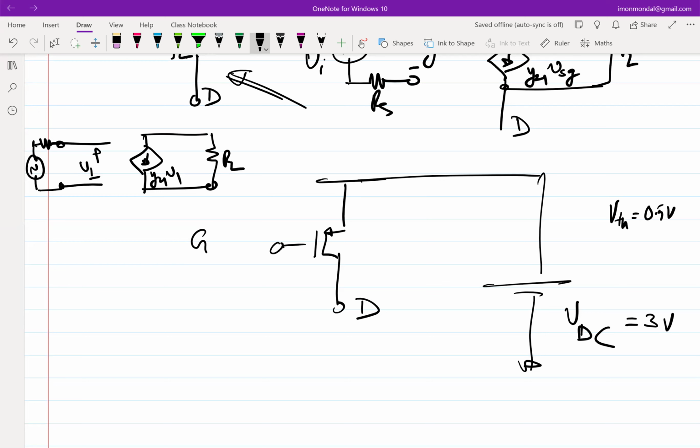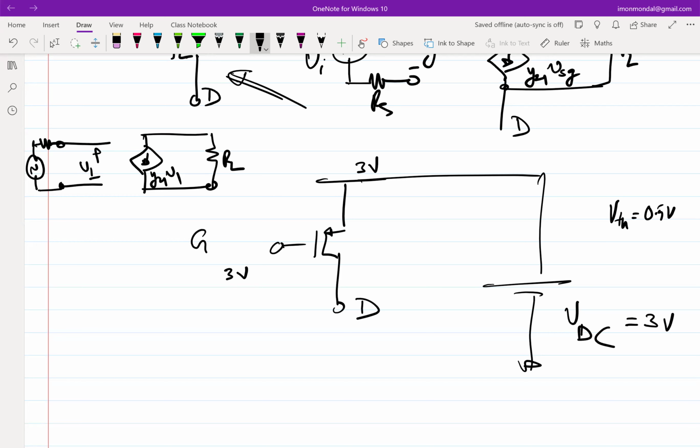Any gate voltage, because we don't yet have enough information. Okay, let me ask you this. So this is 3 volt. If I select the gate voltage to be 3 volt, will the transistor work? No. Why will it not work? Because VSG is less than the threshold voltage, right? The tap is not on. The tap is fully off, right?